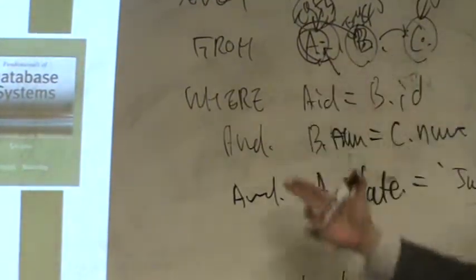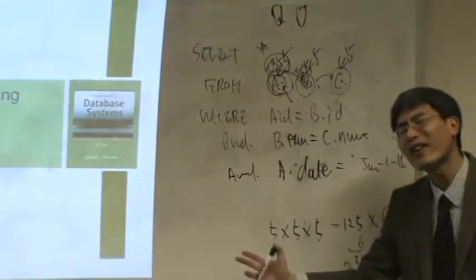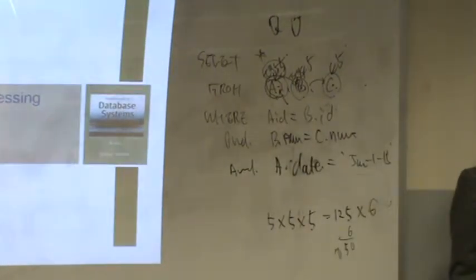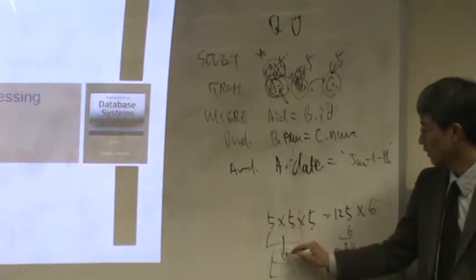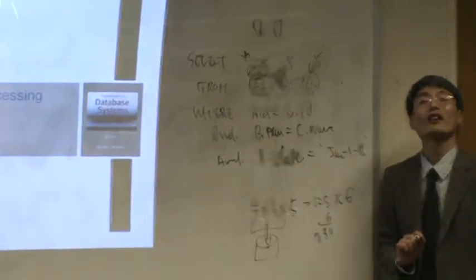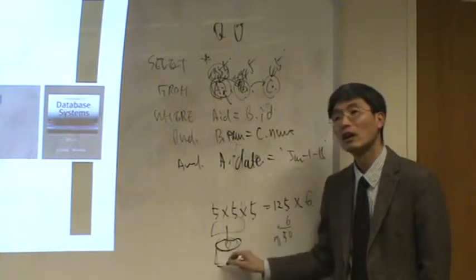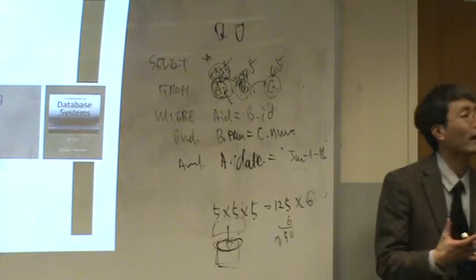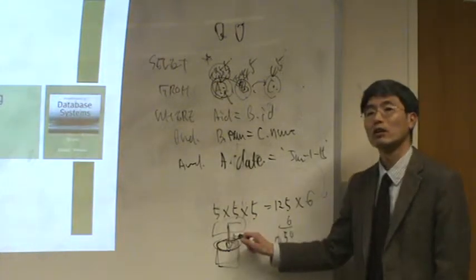When you access the data, think about which operation is the most expensive. Searching. Eventually we need to access the data on the hard disk drive, because it's a database system that we designed and created.